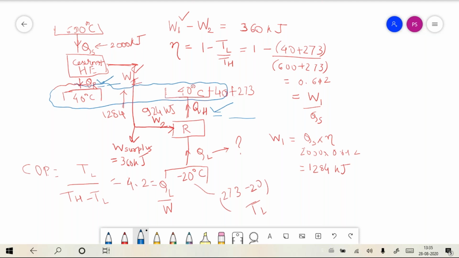Okay, Gunjan has got some answers. Aditya has got the total answer. Zai is correct.